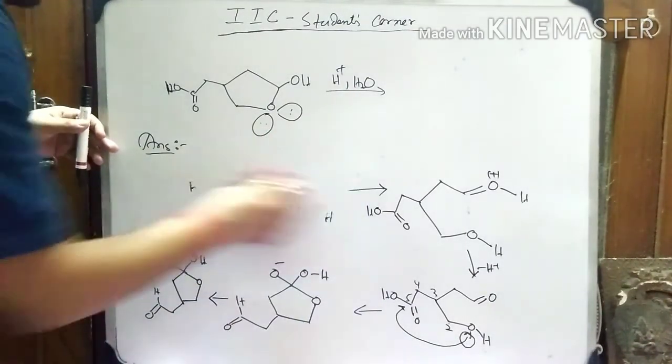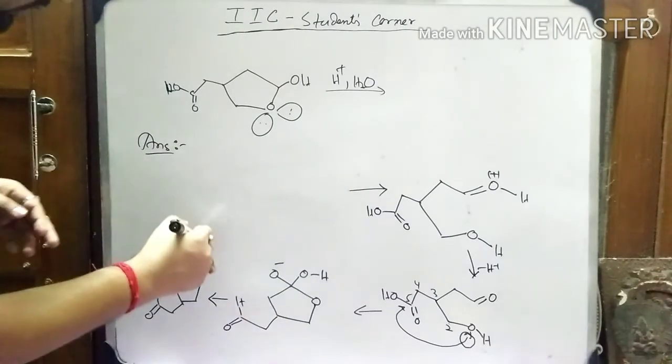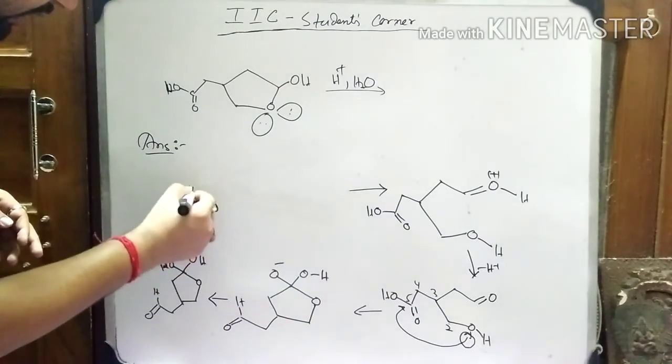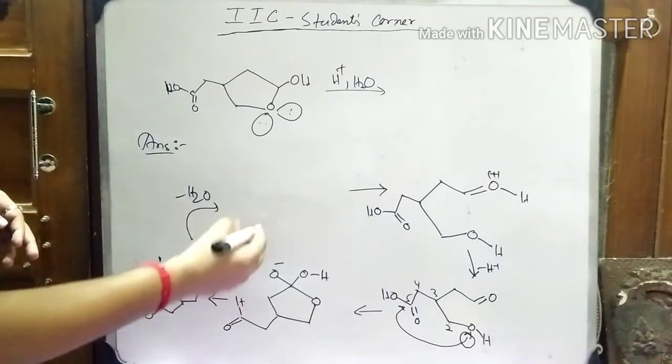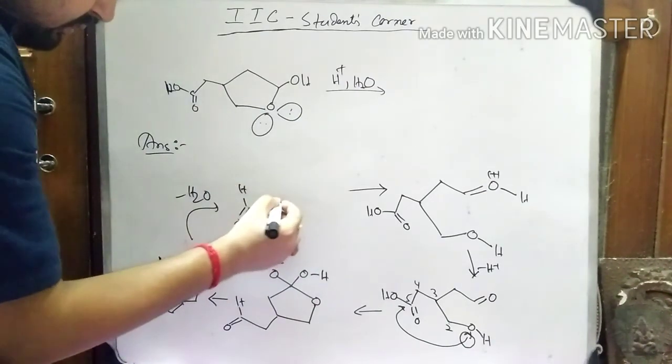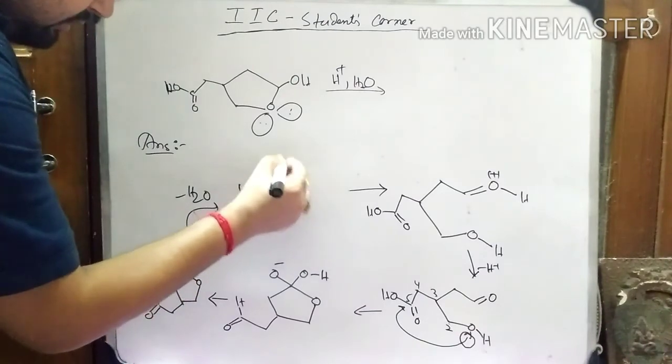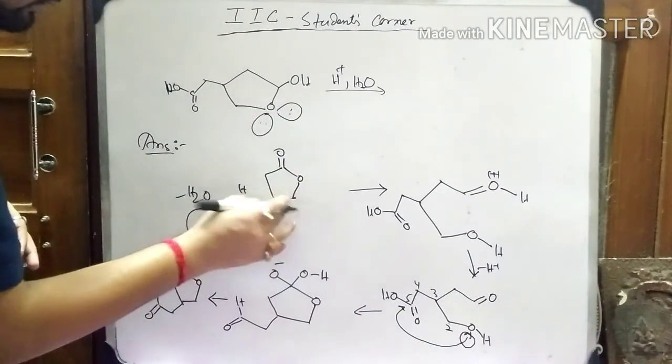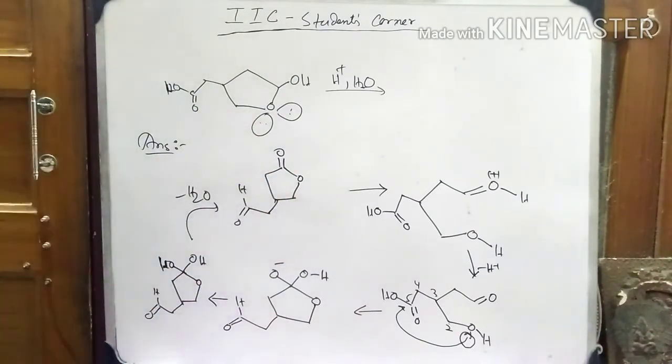These two OH groups will leave as water and will tend to form a cyclic lactone like this. Okay, this is what will happen in this total mechanism. So this will be the final product of this reaction.